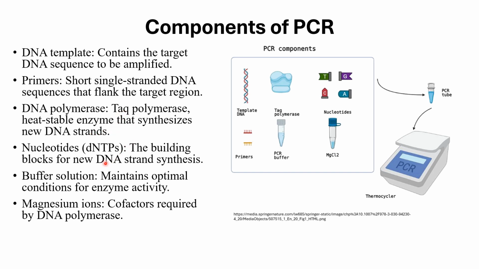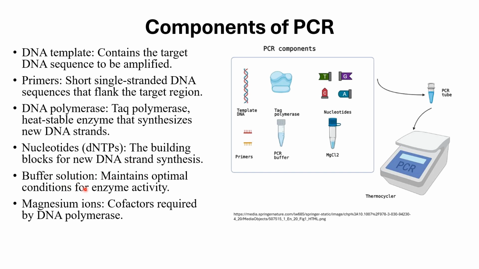And of course, we require the nucleotides. In this case, they will be deoxynucleoside triphosphates like dATP, dGTP, dTTP, and dCTP. These will be used by the polymerase enzyme and added on the 3' hydroxyl end during elongation.